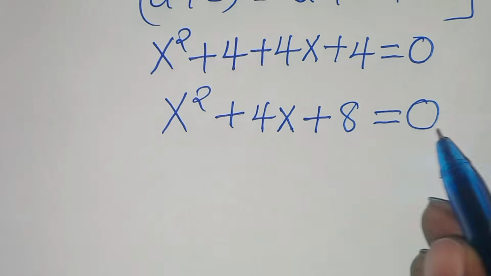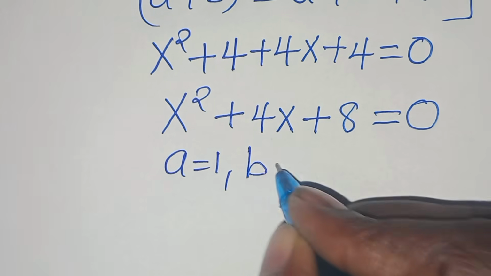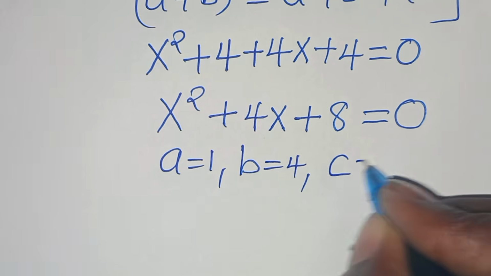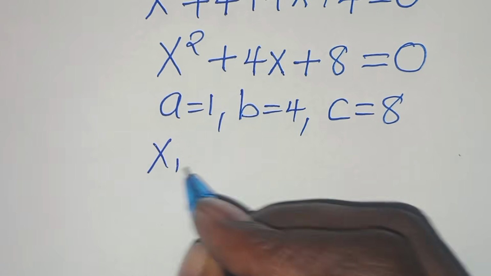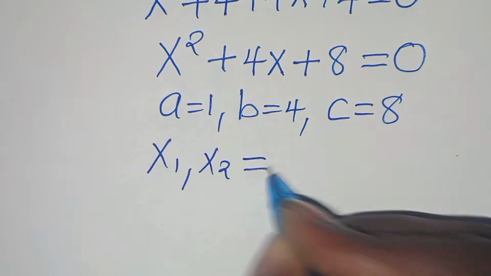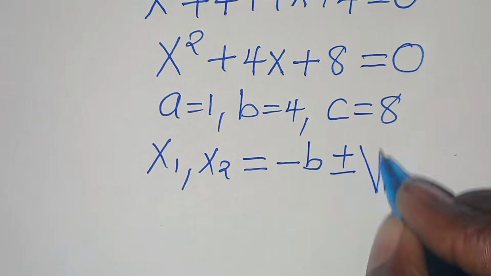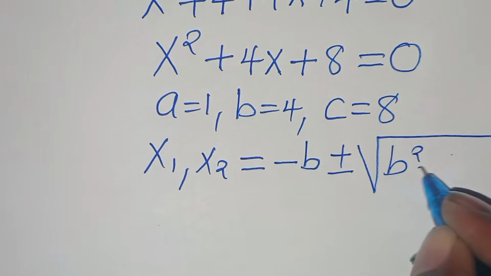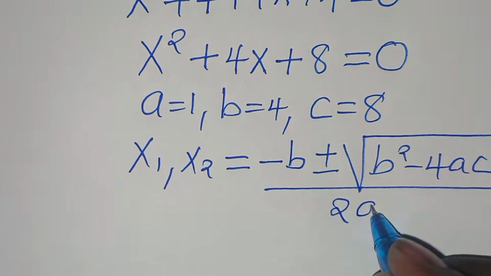So this is a quadratic equation where a is equal to 1, b is equal to 4, and c is equal to 8. So we can solve for x1, x2 by applying the quadratic formula, which is negative b plus or minus the square root of b squared minus 4ac, everything divided by 2a.